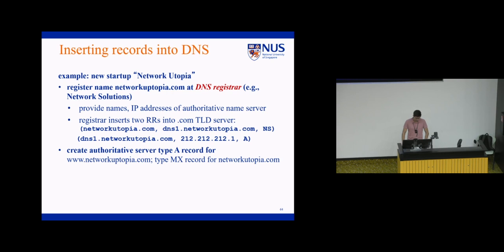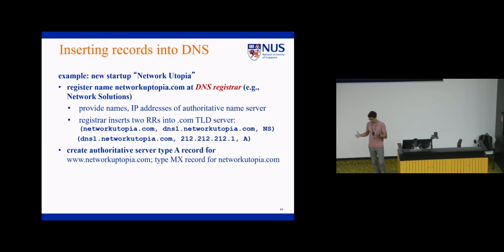So in a DNS registrar, we need to provide the names and the IP addresses of our authoritative name servers, right? What's the job of the TLD? It tells you the authoritative name server name and the IP address. As a new company or a new domain, we are starting up our own authoritative name server, maybe within our company, or we are buying some hosting service somewhere.